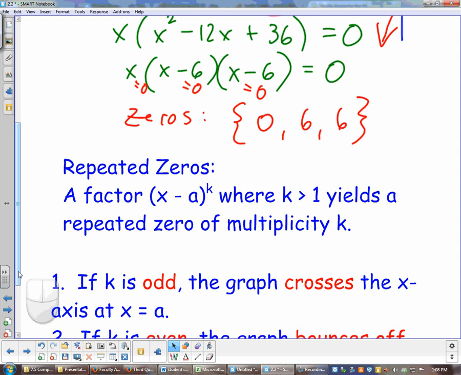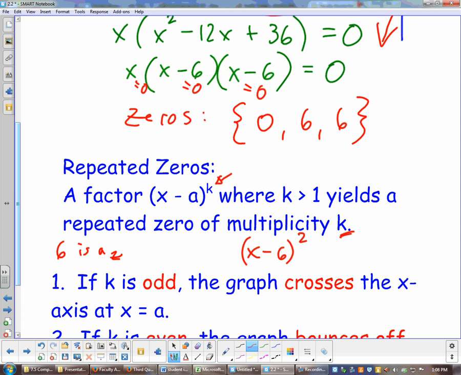Repeated zeros. So a factor x minus a raised to the k power, where k is greater than 1, yields a repeated 0 of multiplicity k. So in this case, we have an x minus 6 as a factor, and that happens twice, right? So it's x minus 6 raised to the second. So we would say that 6 is a 0 with multiplicity 2, right? Agreed?